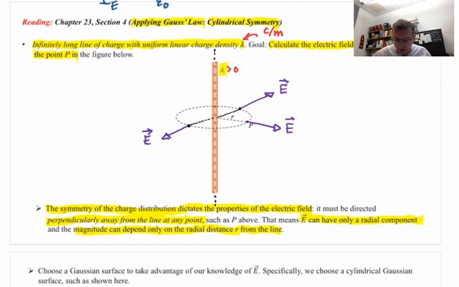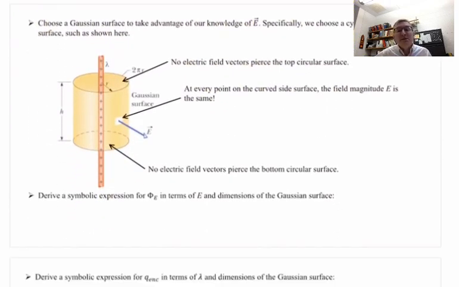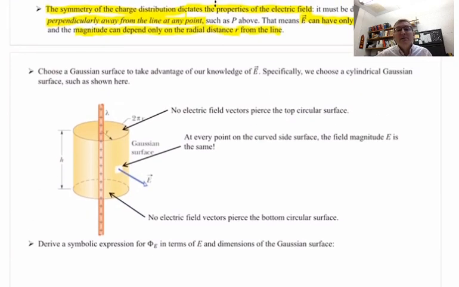So the next big step is key: using our knowledge of the electric field vector to choose a Gaussian surface that we can apply Gauss's law to. How about we choose a Gaussian surface shaped like a cylinder that surrounds the line of charge?